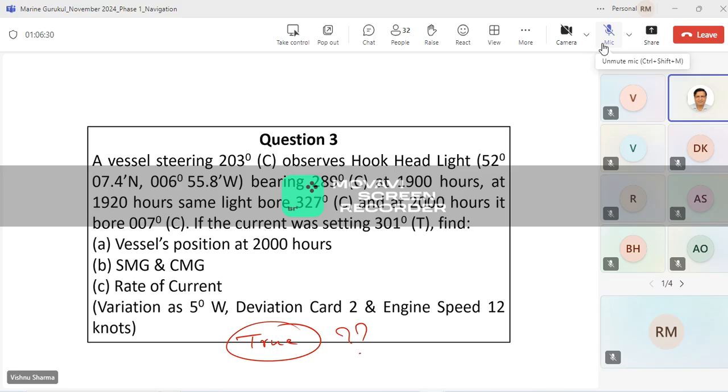Let me put the question on the next sheet. Probably that will help you.